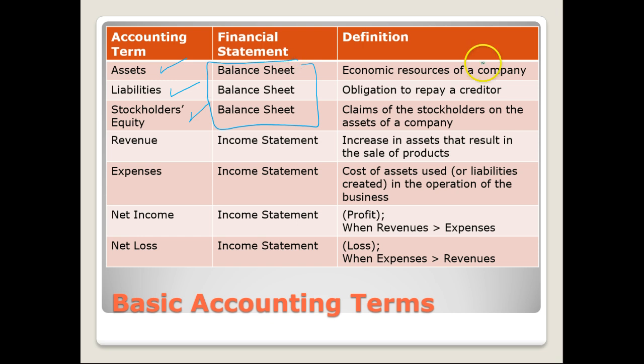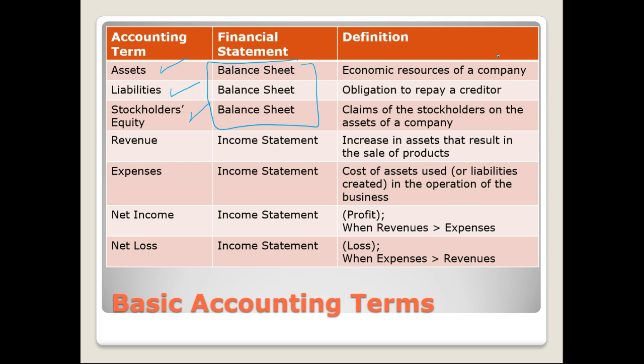Assets are the economic resources of a company. We use them to create our product or service. Liabilities are debt. Remember, in some way they are an obligation to repay a creditor. Stockholders' equity is the claims that the stockholders or the owners have on the assets of the company.